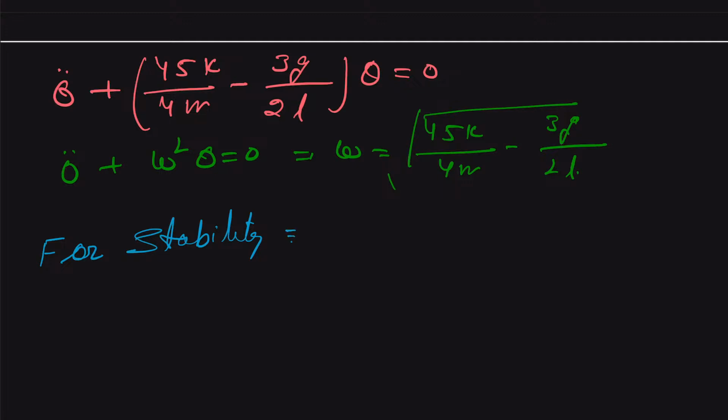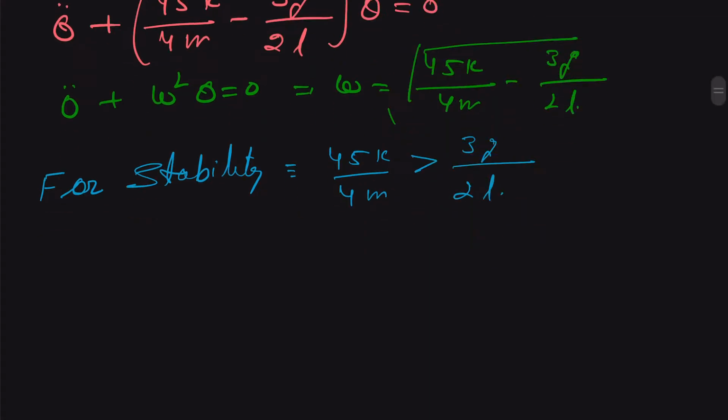So we can say for stability we should have 45k upon 4m greater than 3g upon 2l. This can be applied for the first part also, and therefore from here we can say that the spring constant k will be equal to, this 2 goes by 4 and this 45 goes by 15.